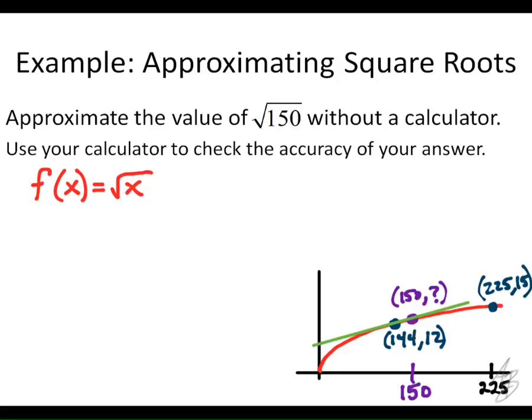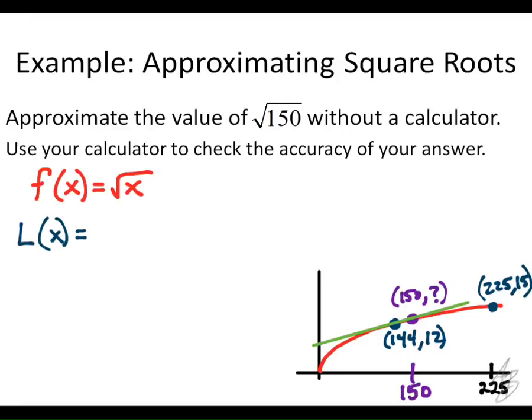Does that make sense? Okay, now we had that formula. We could use the formula, or you could just use the tangent line. Let's go ahead and use the formula for this example, and then for the next example we'll use the tangent line. So the linearization L of x is going to equal what?